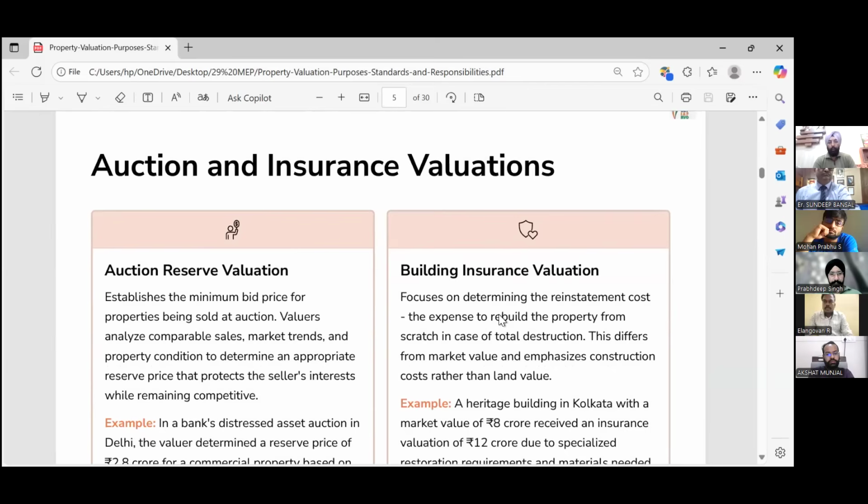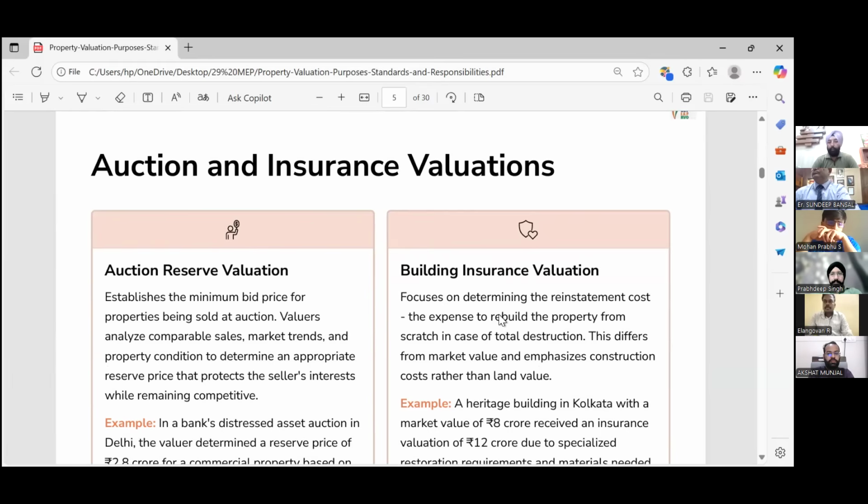Next, when you may have to do the valuation, especially under Companies Act valuation, or if the valuation is done for auction purposes. So what is the purpose of doing valuation for auction purpose?